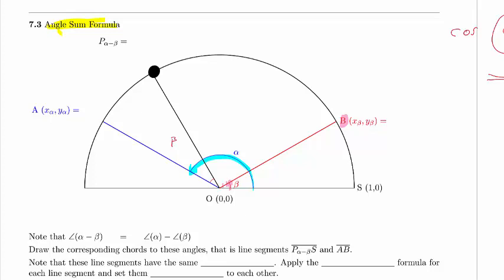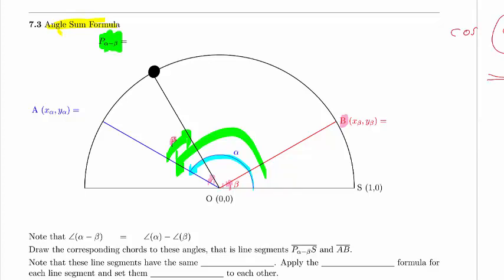Next, take a look at this point here, our point alpha minus beta, and note how we get this point. We go all the way out to alpha, and then we come back a distance beta, because we return in this direction, with an angle beta there.